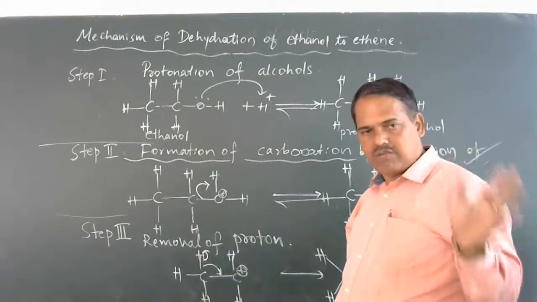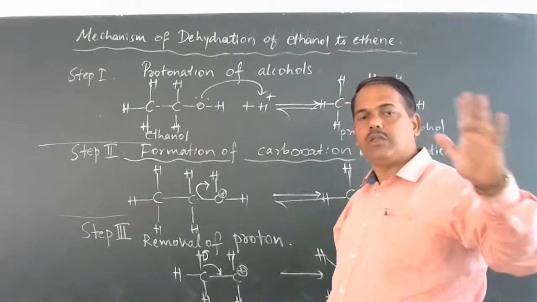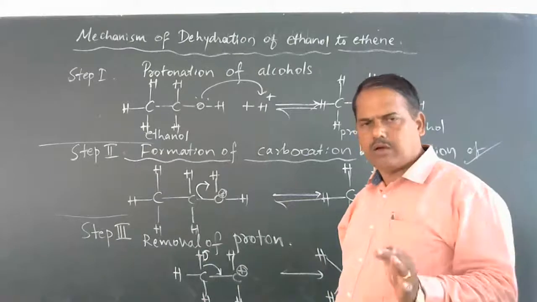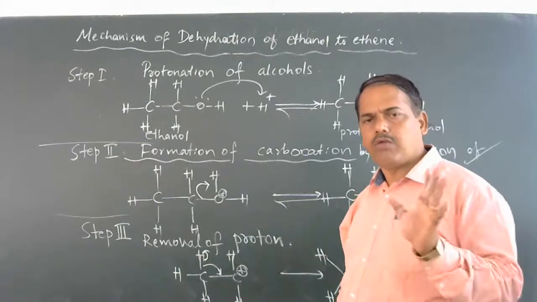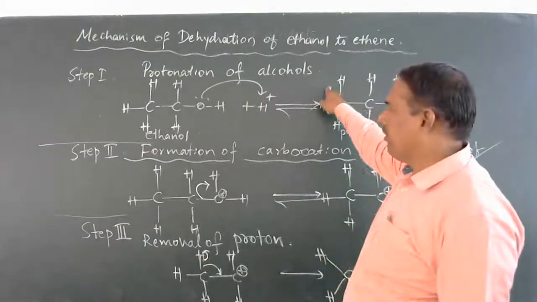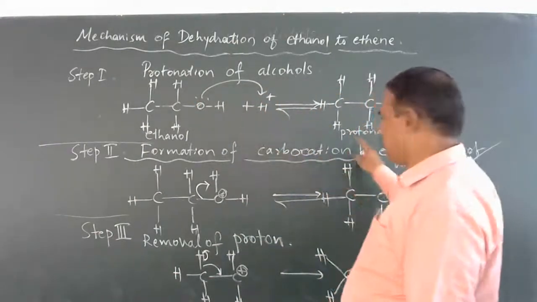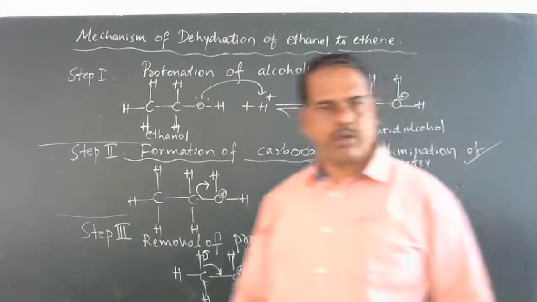Write the mechanism of dehydration of ethanol to ethene. Every year we will ask for 3 marks. See, this is nothing but protonation of alcohol, formation of carbocation, and removal of proton. Are you clear?